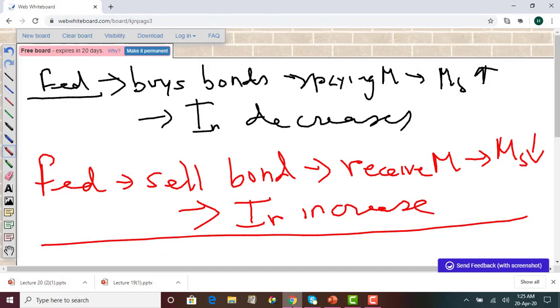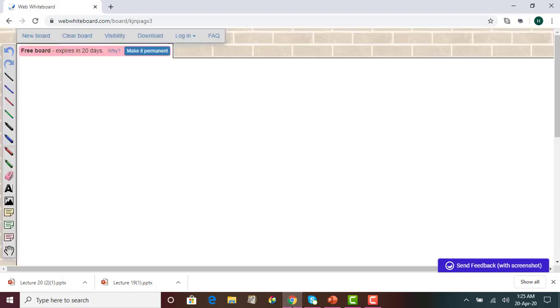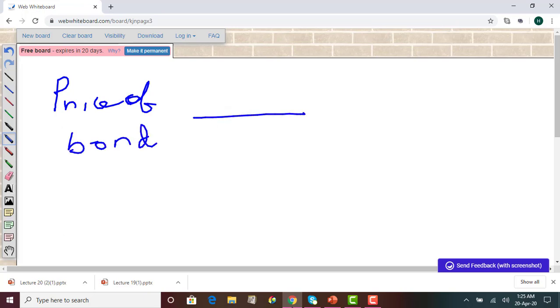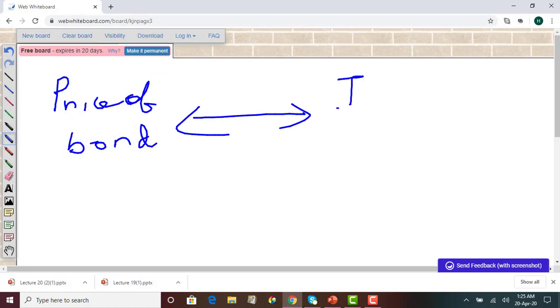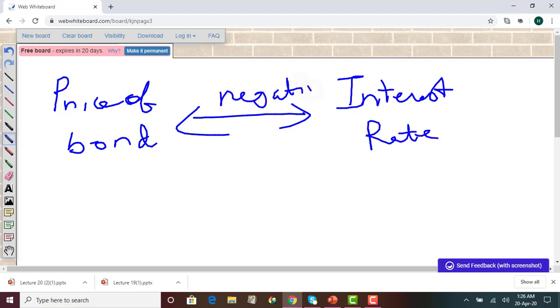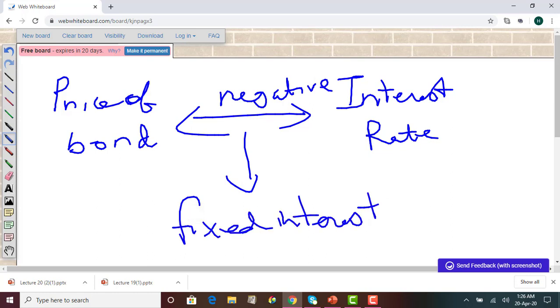What we have to remember, and this is important, it might be on your exam, is that the price of a bond has a negative relationship with the interest rate. And this is because of fixed interest payments. So you must recognize this relationship.